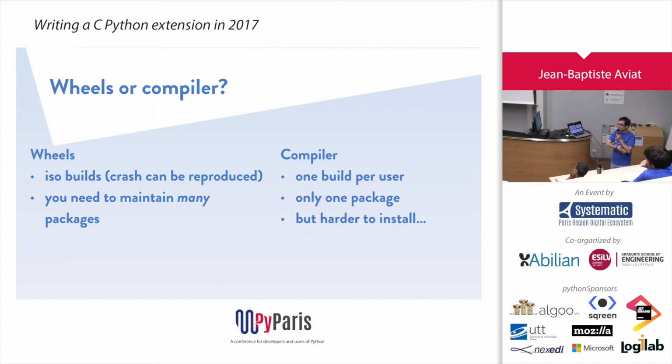If you have an older pip, it will rely on the source version and try to build your extension by itself. If you use manylinux wheel, you need to build your extension on all the platforms you want to ship it. All right? If you want to ship it for Windows, you need to build it for Windows, 32 bits, 64 bits.